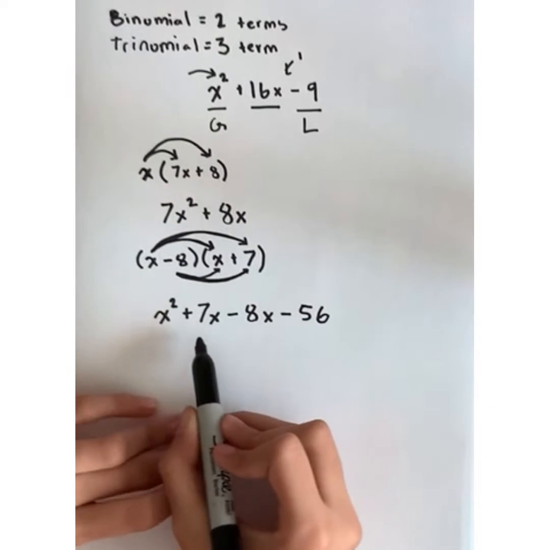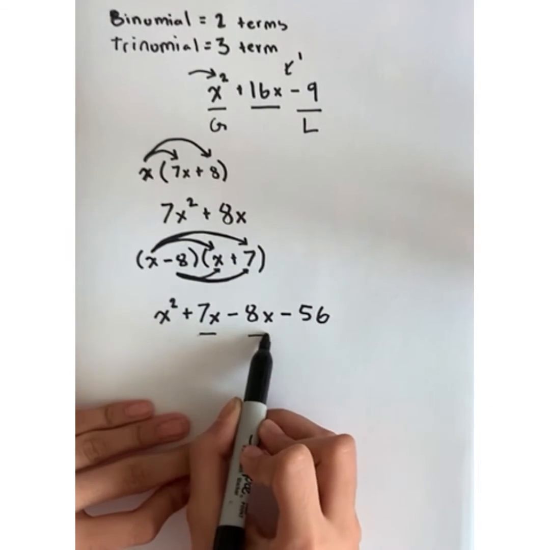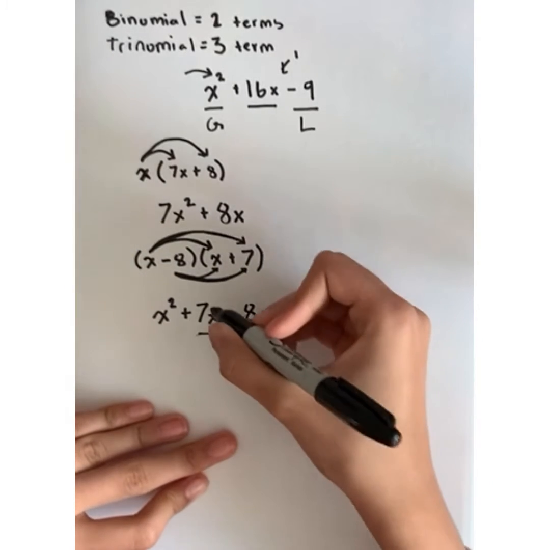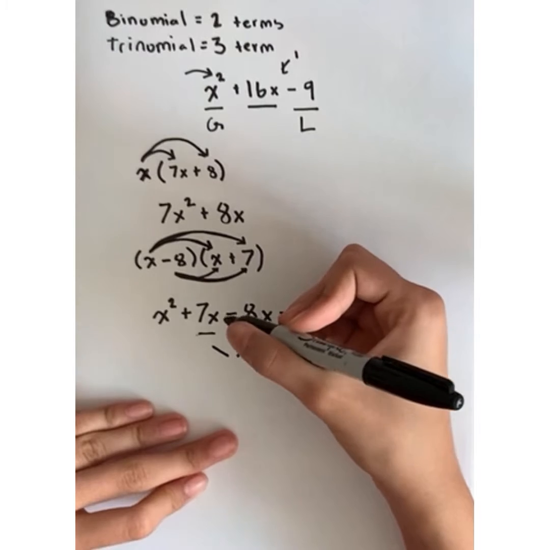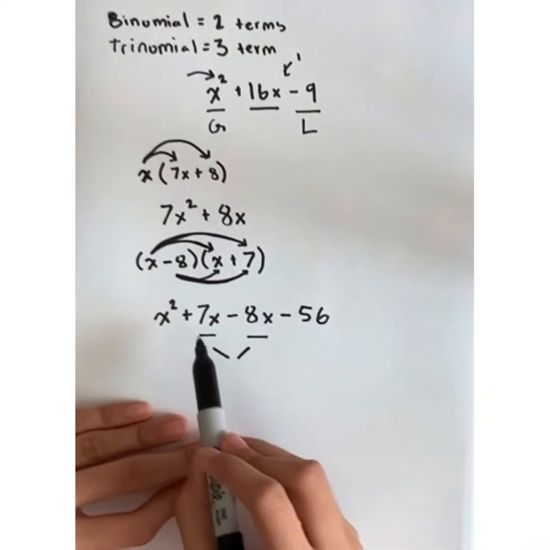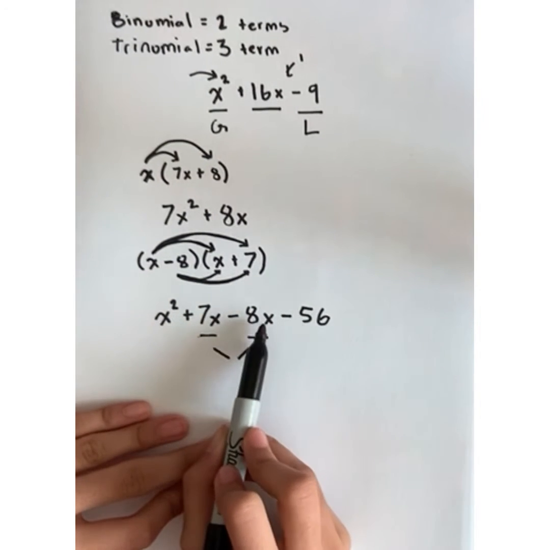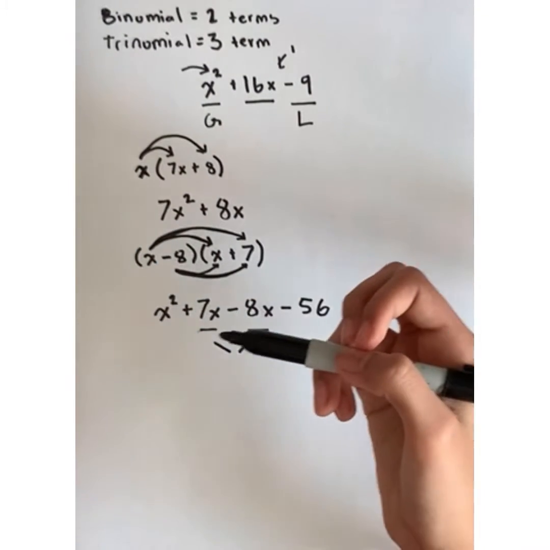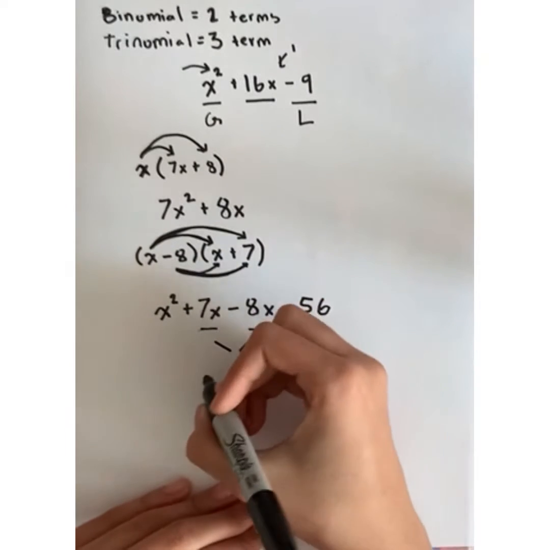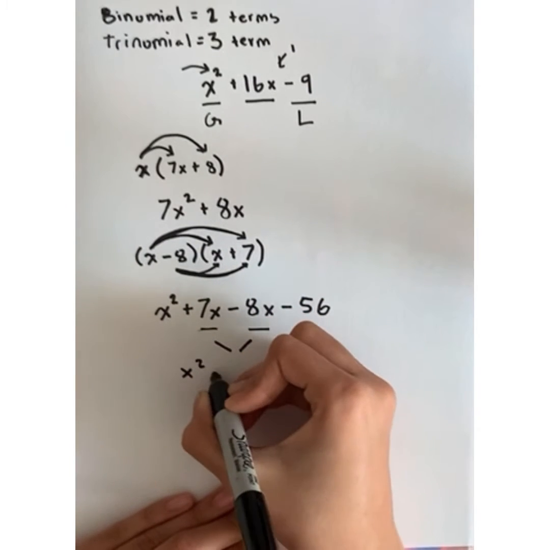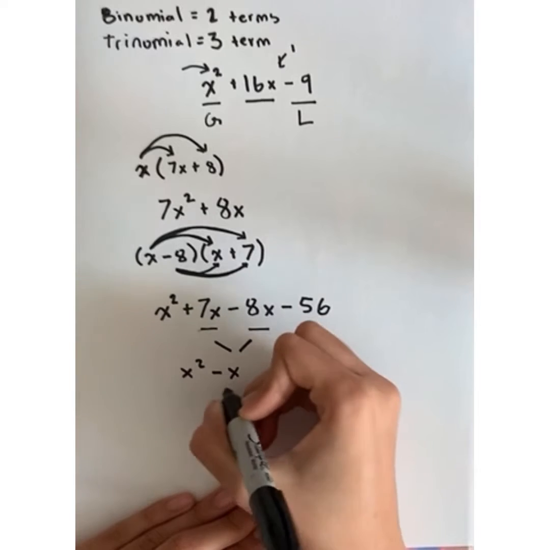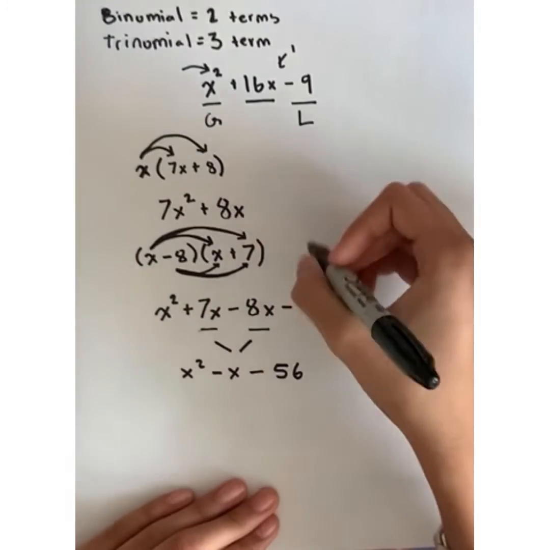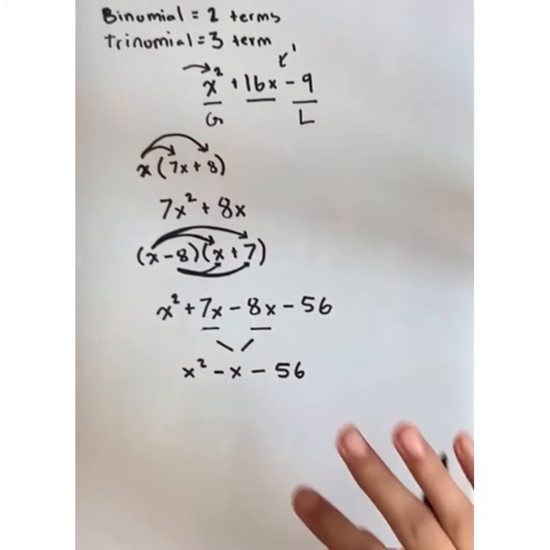And as you can see, we have two like terms. Like terms meaning they both have x in the same degree, so we can just add and subtract, right? So 7x minus 8x equals negative 1x, and since it's 1, we can just say negative x. Meaning x squared minus x minus 56 is our simplified version, the version without parentheses.